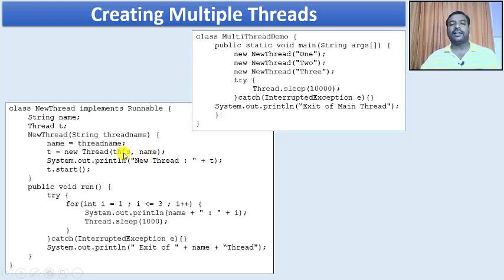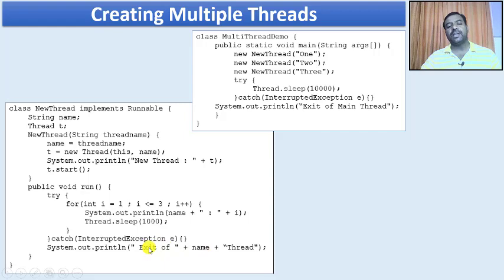It is going to take the reference of the current thread and store it in the thread variable, and print the thread. I am going to start the thread and run execution for 3 iterations with 1000 milliseconds, that is 1 second, and at the end just print exit of the thread.